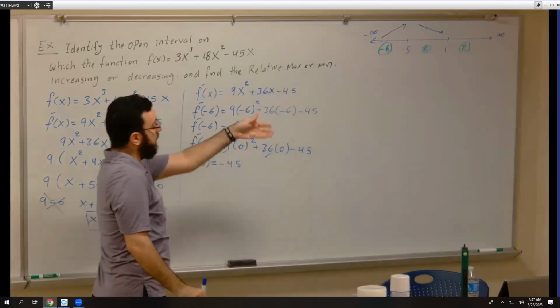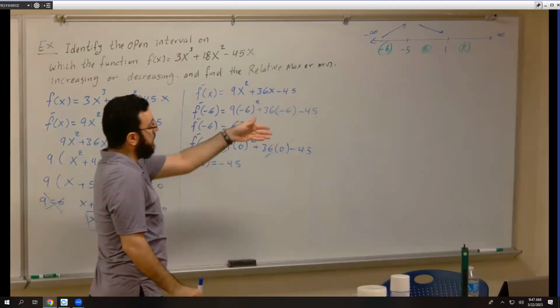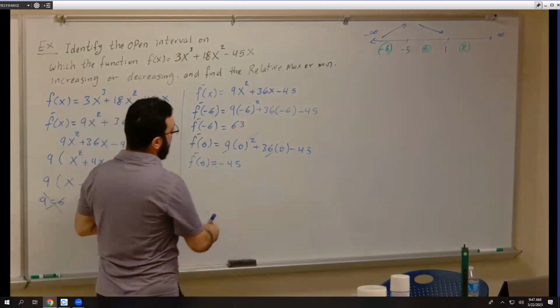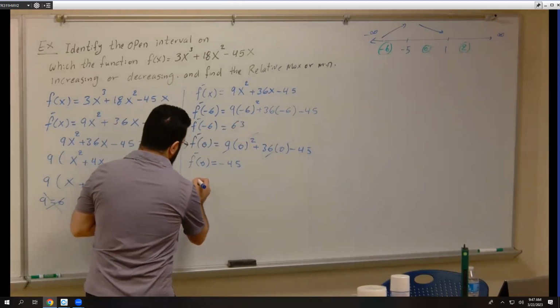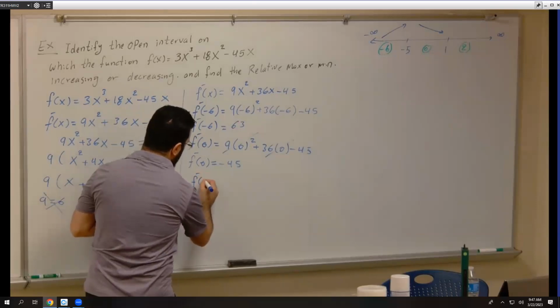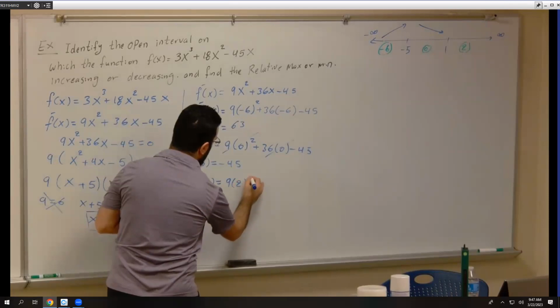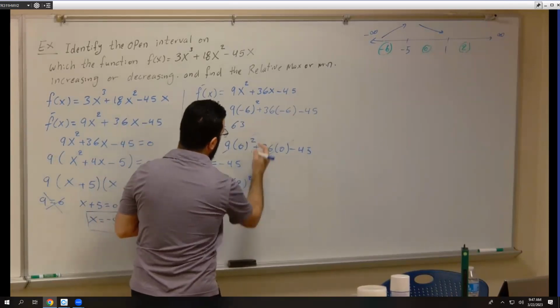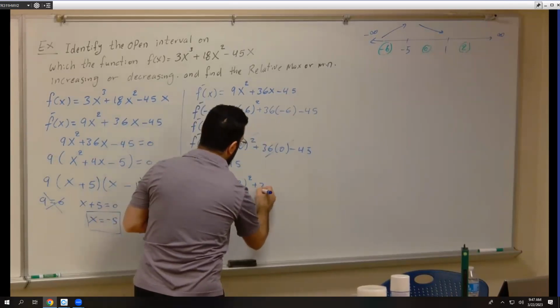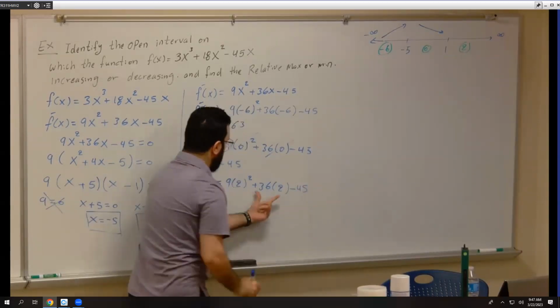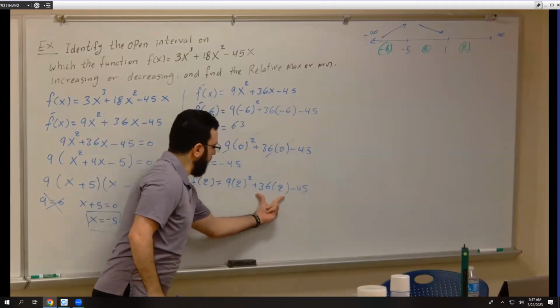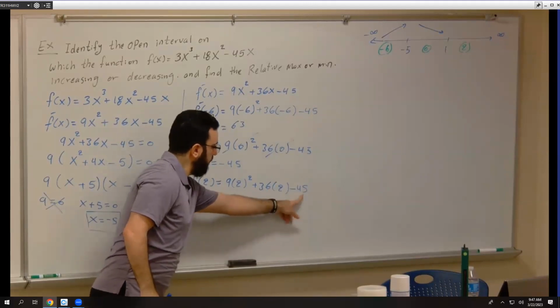Let's check the second critical number, in the second interval, when x is 2. F prime of 2 equals 9 times 2 squared plus 36 times 2 minus 45. So this is 72 minus 45, a positive number.